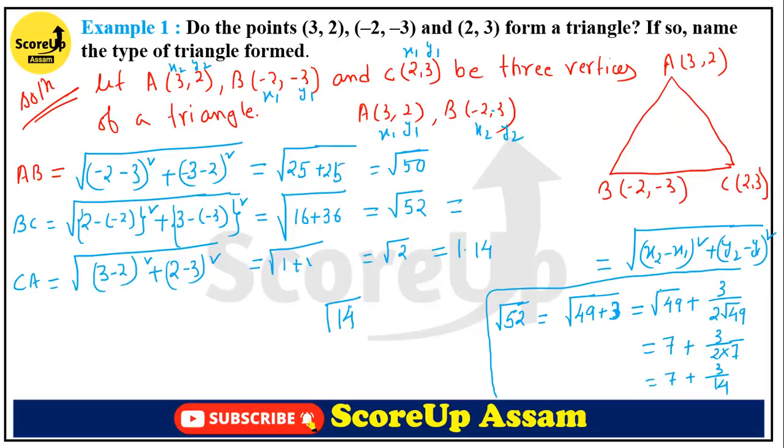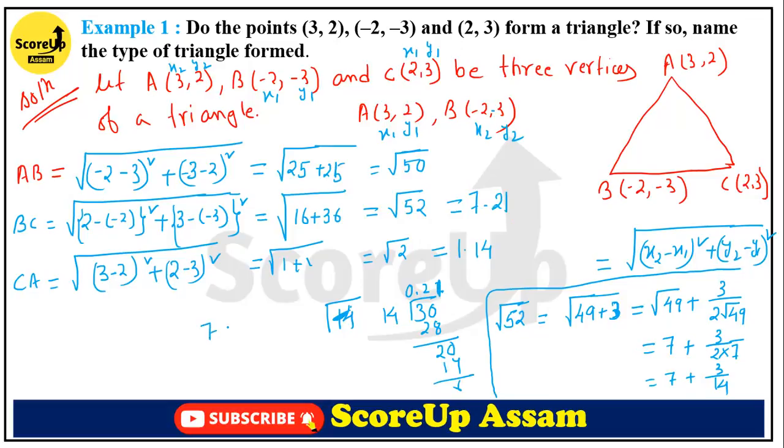Now if you divide 3 by 14, you have to place a decimal, it will be 0.21. So 7 plus 0.21, root over 52 will be 7.21.